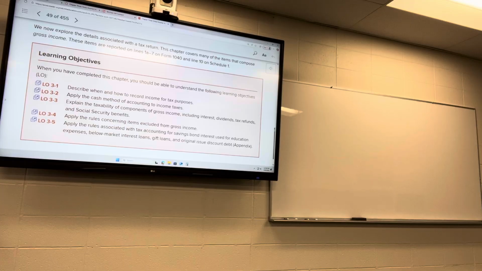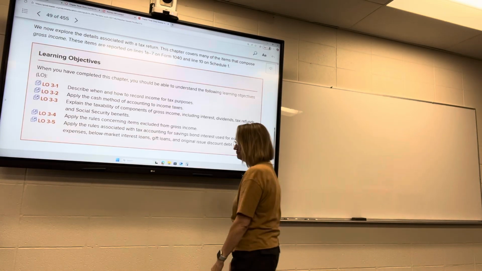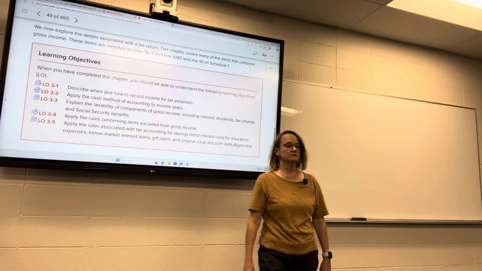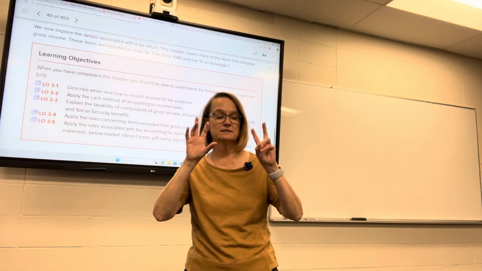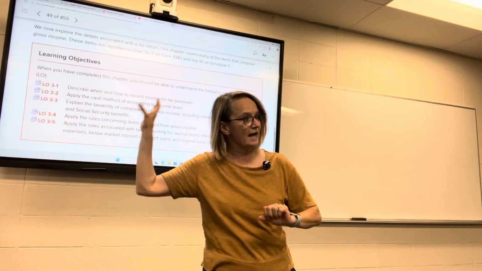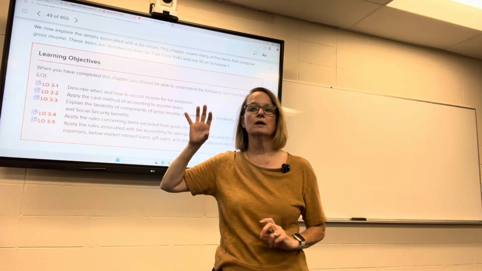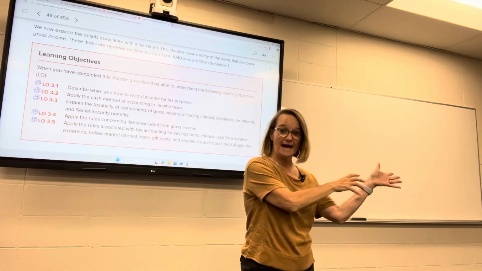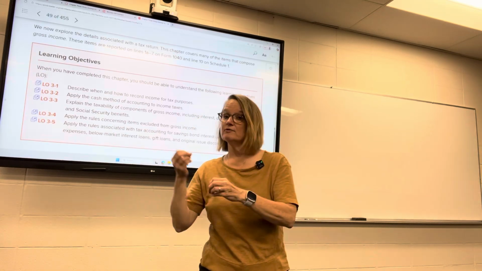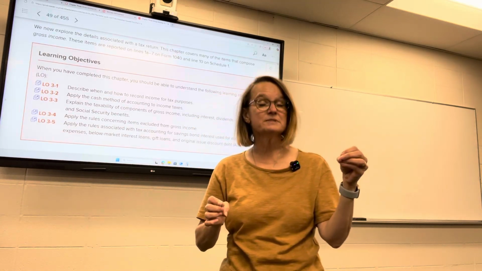So dividends get some special treatment under the tax code in the form of preferential tax rates. So we'll go through how that all works. And I'll tell you what, that is one area where you will have to remember this procedure throughout the class because it's going to come up in different tax return problems.